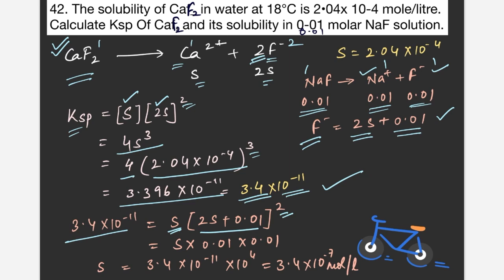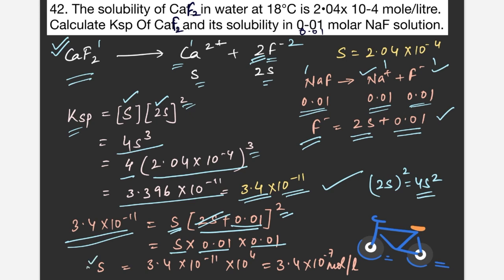Now here the value of 2s, since the solubility values are not very high, so 2s is very small and can be neglected in the bracket, and the equation becomes 3.4 into 10 to the power minus 11 is equal to s into 0.01 whole square, which can be written as 0.01 into 0.01.